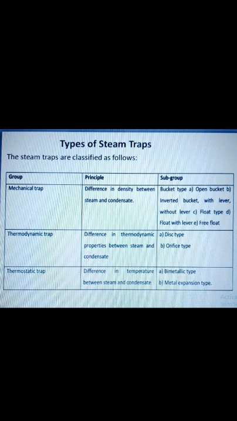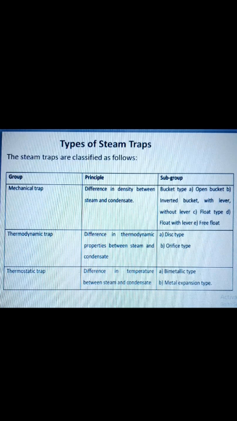Now here we can see the various principles shown in this table for the different types of steam traps. First one, mechanical traps. These are based on the difference in density between steam and condensate.